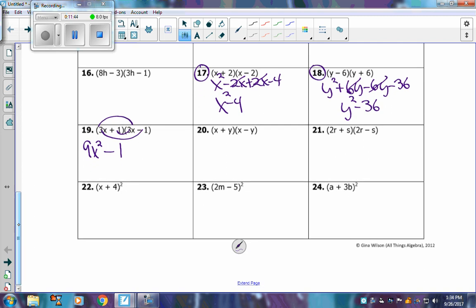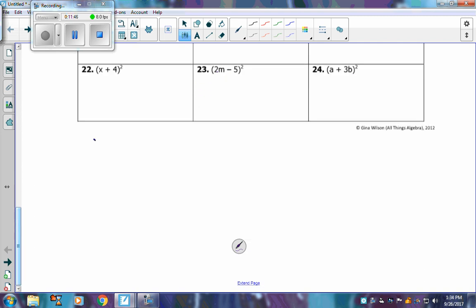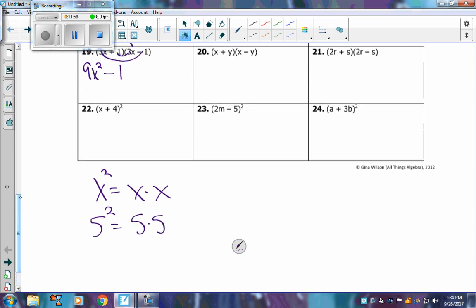All right, do you agree that this means x times x? If I have x plus 4 squared, that means when you have a binomial squared, x plus 4 squared means x plus 4 times x plus 4. And then you multiply it out the way we did the others.